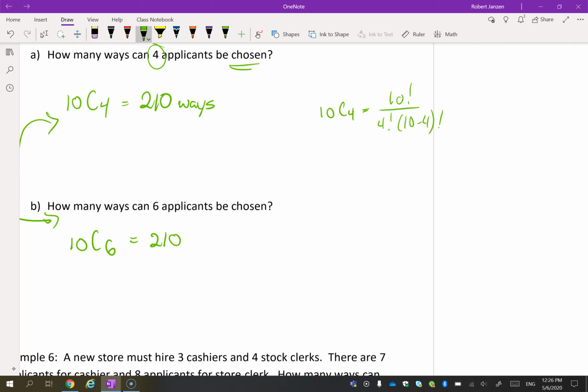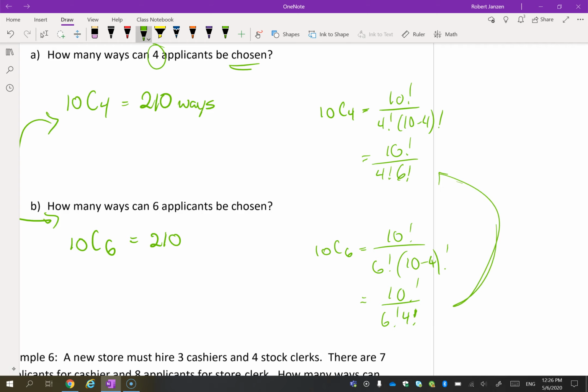And if you simplify that, you get 10 factorial over 4 factorial, 6 factorial. If we go down here and say, what's 10 choose 6? This is going to be 10 factorial over 6 factorial times 10 minus 6 factorial, which is 10 factorial, 6 factorial, 4 factorial. And this is why they're the same.